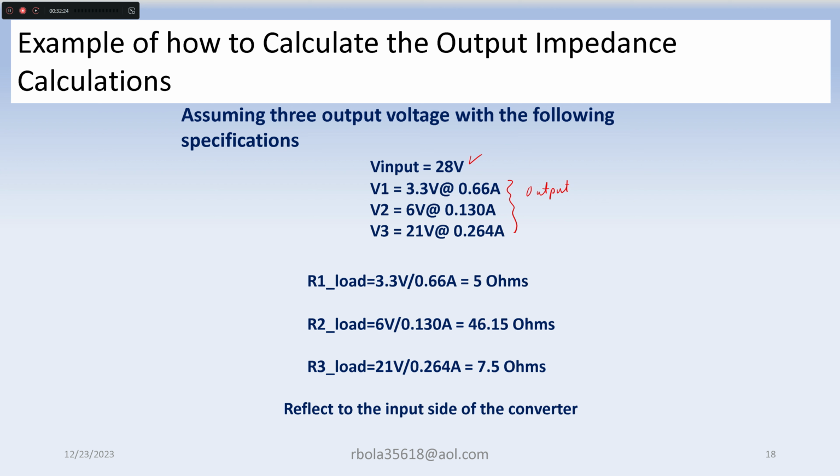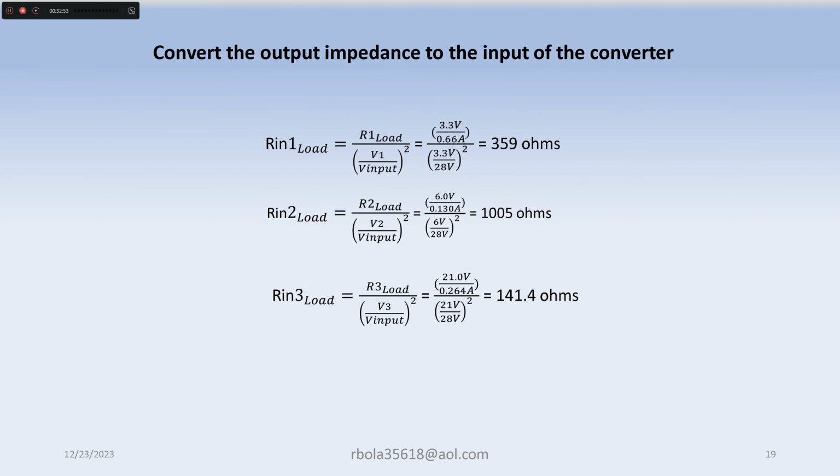And once you have those, you can calculate the output impedances. Basically, V divided by I will give you your converter's output impedance, but you want to reference it or reflect it to the input side of the converter. So that's what we do next.